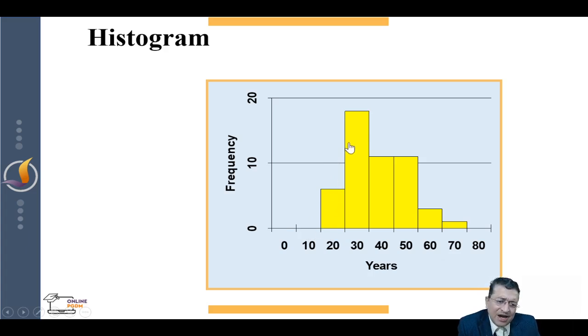But once you start, there is a peak in the third category, then gradually it goes lower. So it means that around 30 to 40 or 40 to 50, there are the maximum number of observations in this particular case.